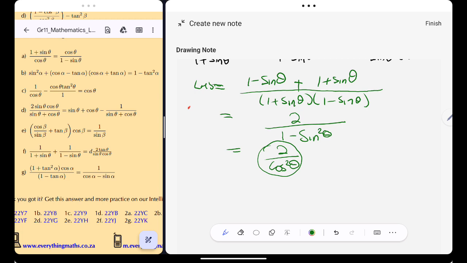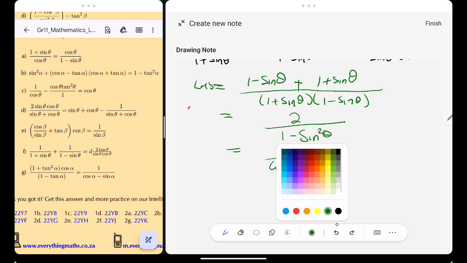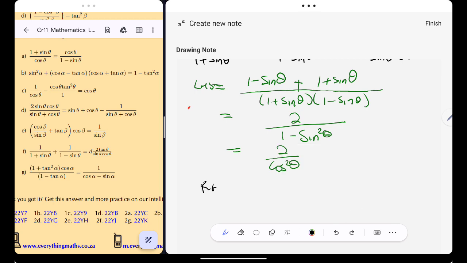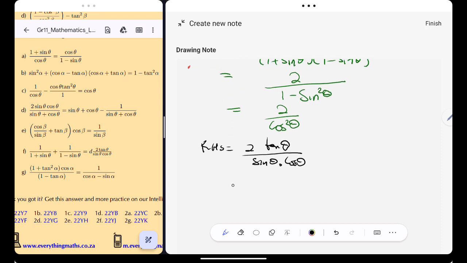Okay, so now the right hand side is equal to 2 times tan theta all over sine theta multiplied by cos theta, right? I must just change everything into sine and cos. I will simply have 2 sine theta over cos theta.